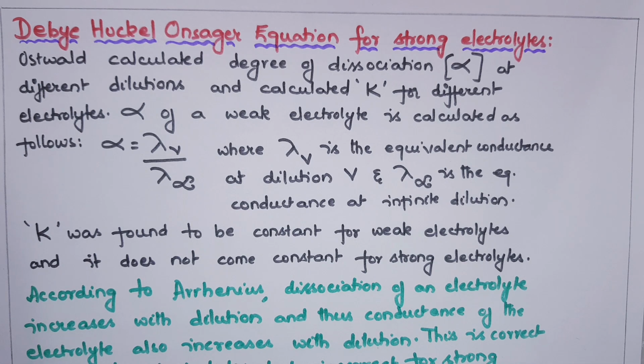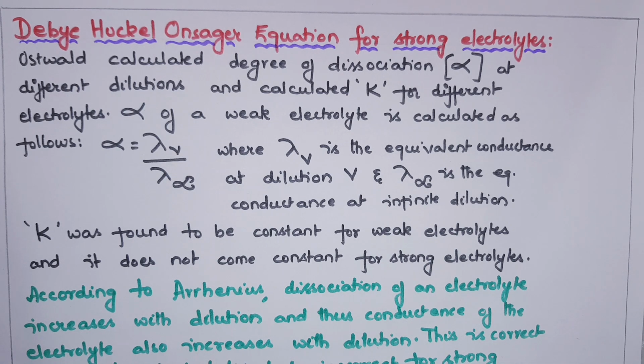So what is this Debye Huckel Onsager equation? And this is for strong electrolytes only. Okay. So Ostwald, you all know students, right? Ostwald dilution law we have studied, right? Now this Ostwald, he calculated alpha. What is alpha students? It is nothing but the degree of dissociation. He calculated the degree of dissociation alpha for different electrolytes at various dilutions.